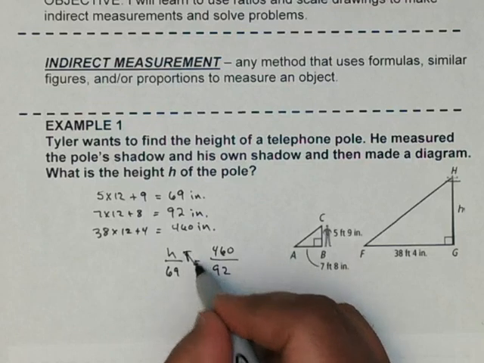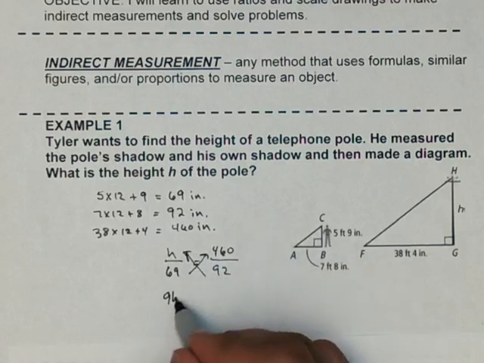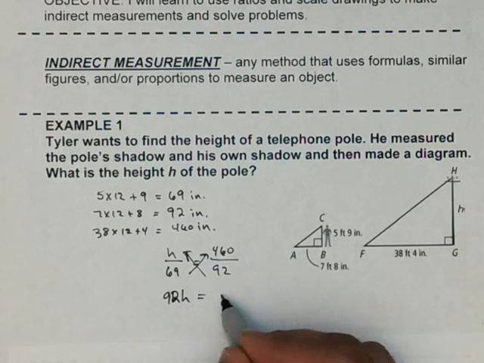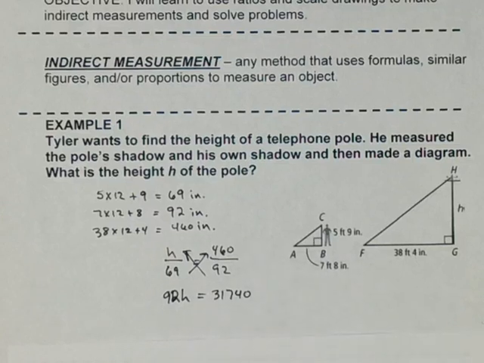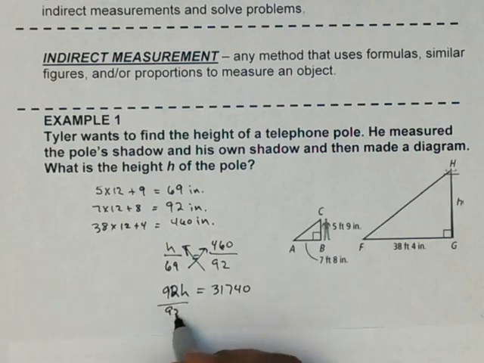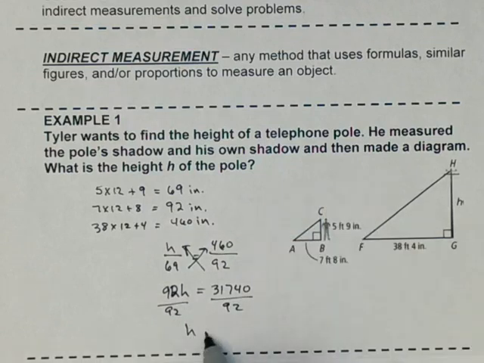All right, using our cross products, 92h is going to be equal to 31740 divided by 92. The height comes out to be 345, but that's inches. We're going to need to convert that into feet.